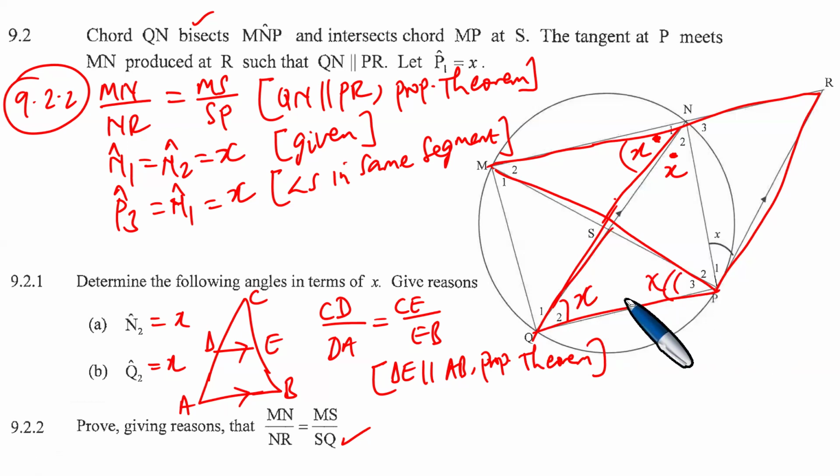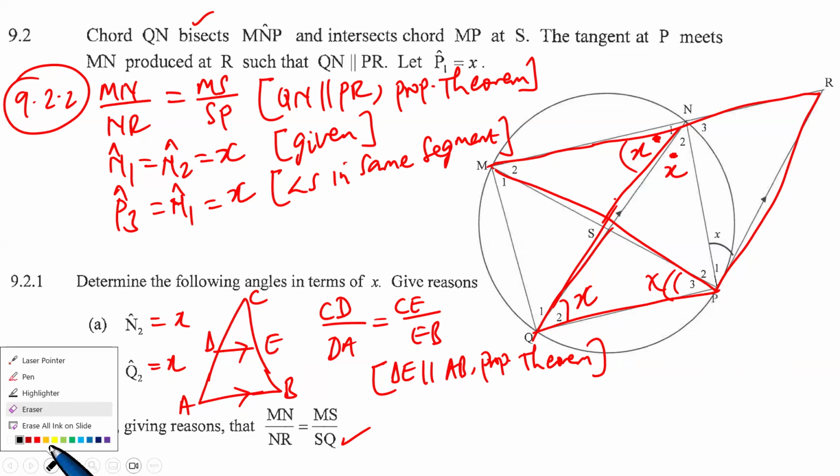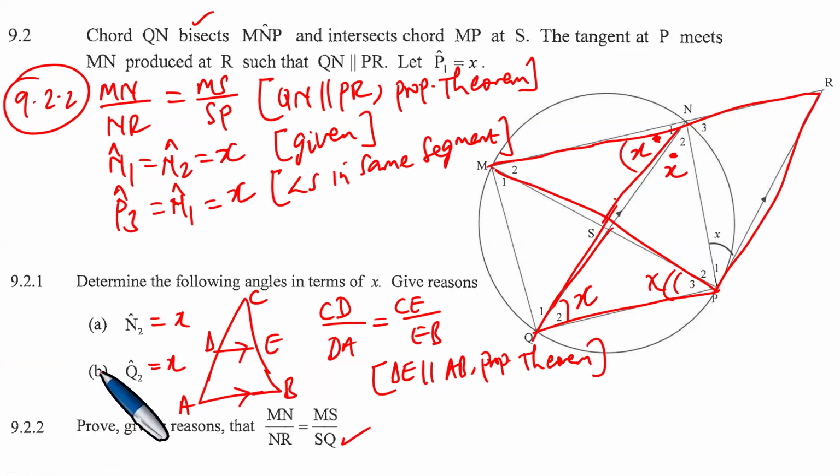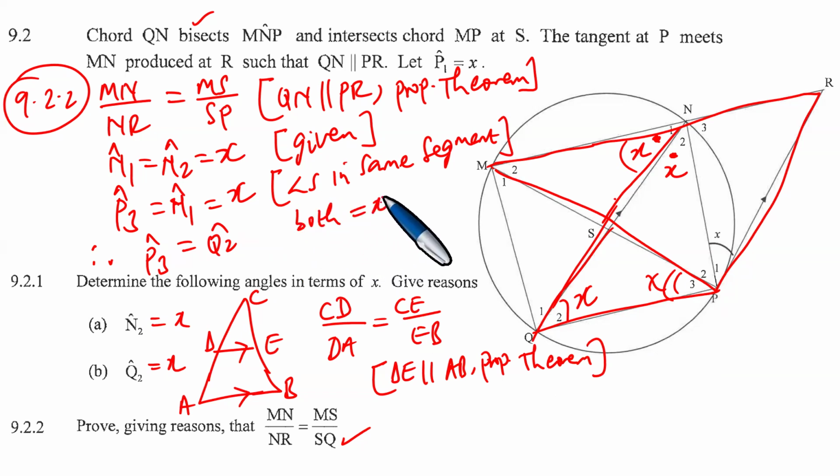If the base angles are equal, it means the sides opposite the base angles are also equal in length. Therefore, the angle P3 is equal to the angle Q2, because they are both equal to x.